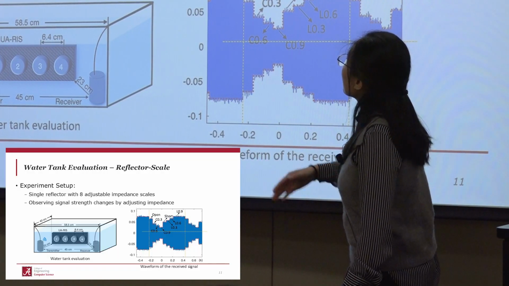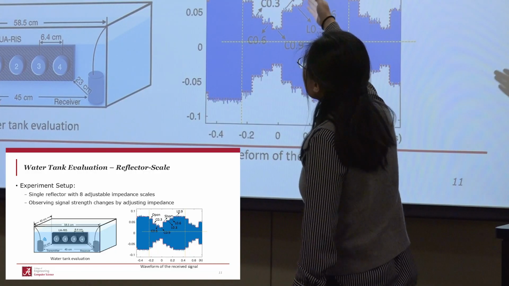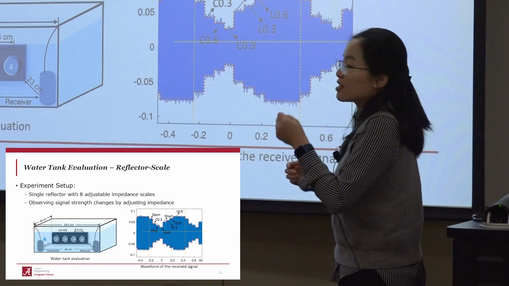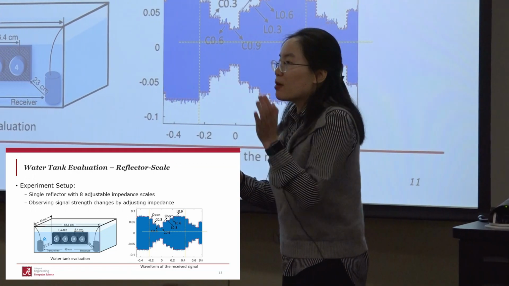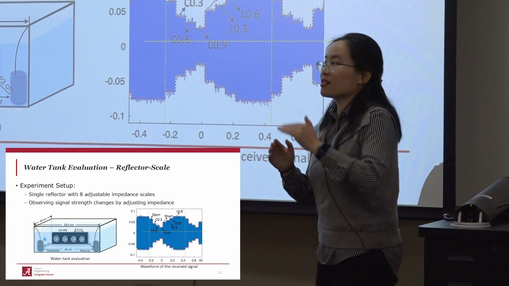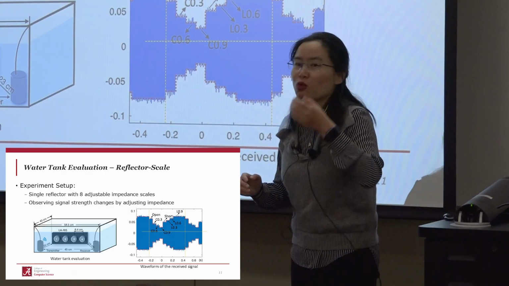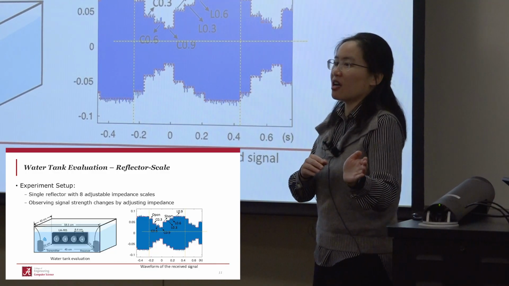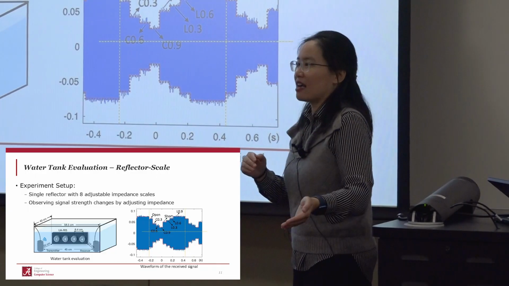So in our water tank evaluation, we focus on the reflector scale. Basically, we change the impedance of a single reflector and see whether it is able to manipulate the reflected signal as intended. For example, if we want a strong reflected signal, can we achieve that? And when we want to suppress the reflected signal, can we do that?